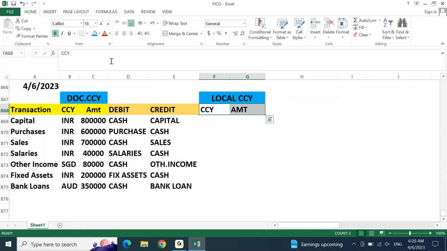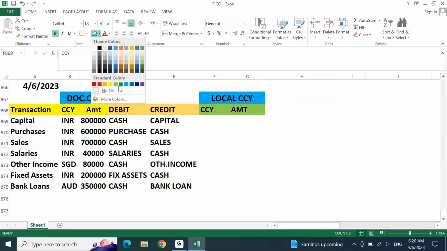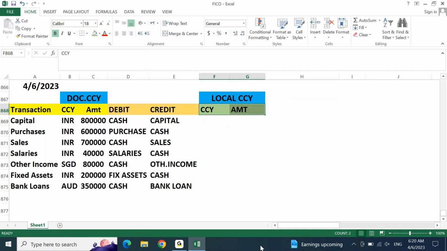INR. Is it fixed or is there any change for any scenario? It depends on the company code, sir. Right. So for our company code, Dell India, INR will be fixed. Is that correct? Yes, sir. Now, how is the system going to bring the local currency amount?